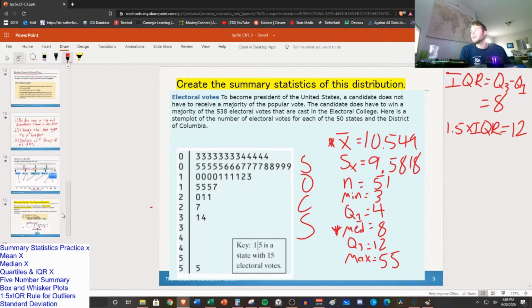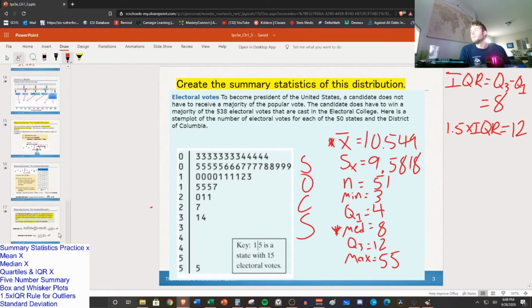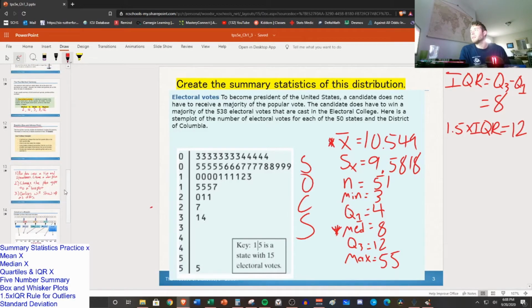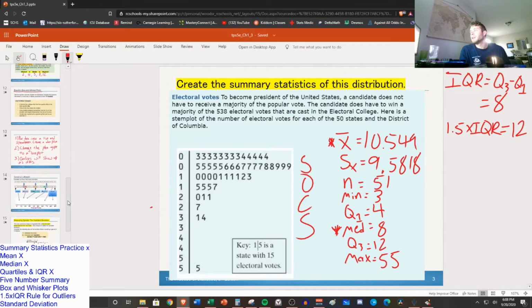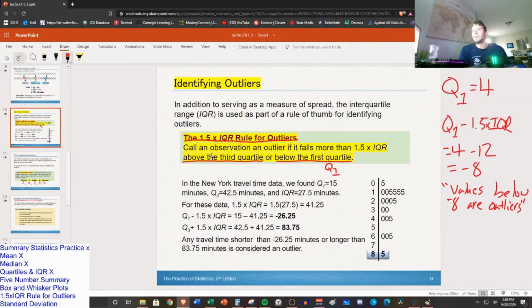Where did my slide go? Lost it. Oh, it's over to the side. I was like, where did it go? Okay, so now we want Q3. Q3 is equal to 12.